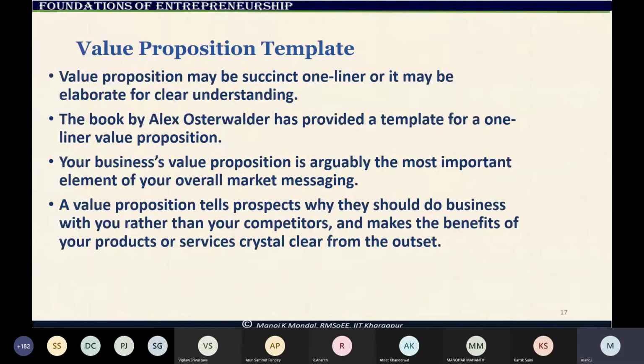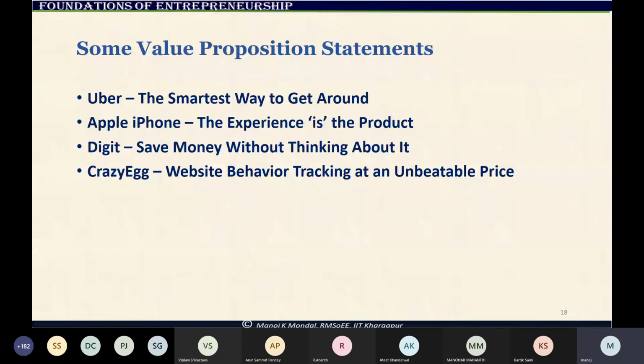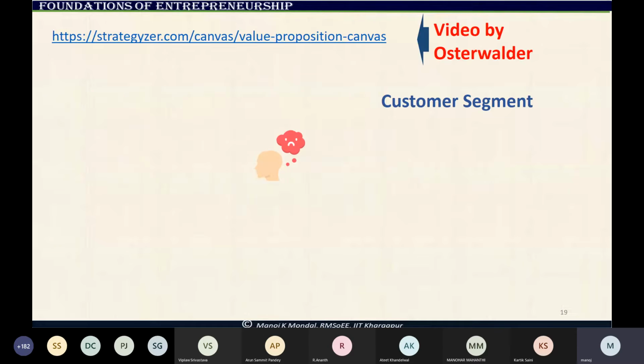Interestingly, he also gave us something like a slogan: a format to write your value proposition so that you can convey it to a customer. It's not really a slogan, but a statement. Like Uber says, the smartest way to get around. That tagline is their value proposition. Another example: the experience is the product, Apple iPhone, Digit, etc.